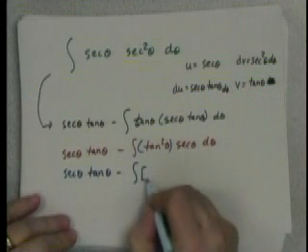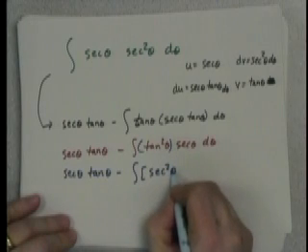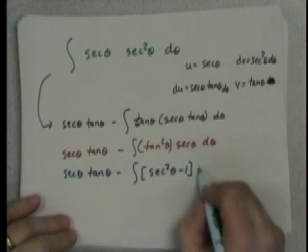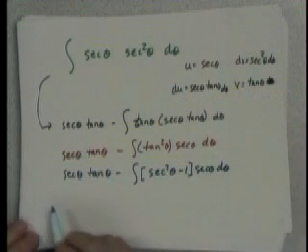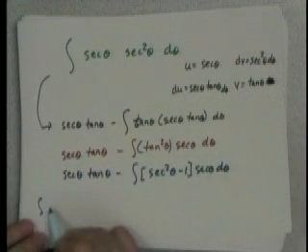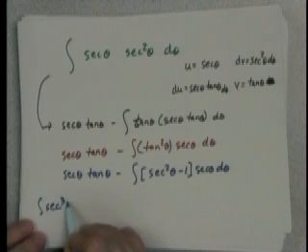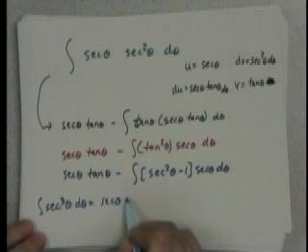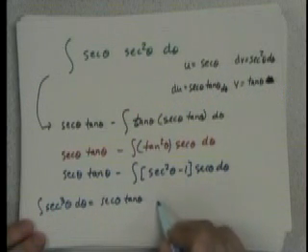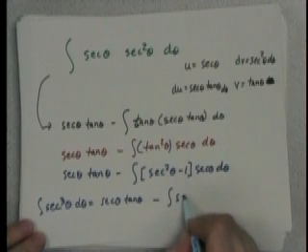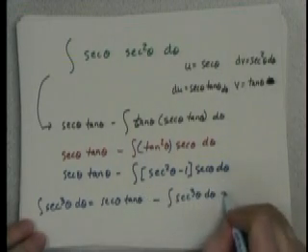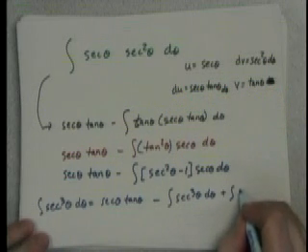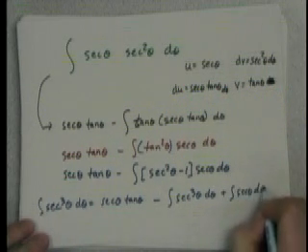Tangent squared is secant squared theta minus 1. So I have the integral of secant cubed on the left side, and secant theta tangent theta minus the integral of secant cubed theta d theta plus the integral of secant theta d theta.